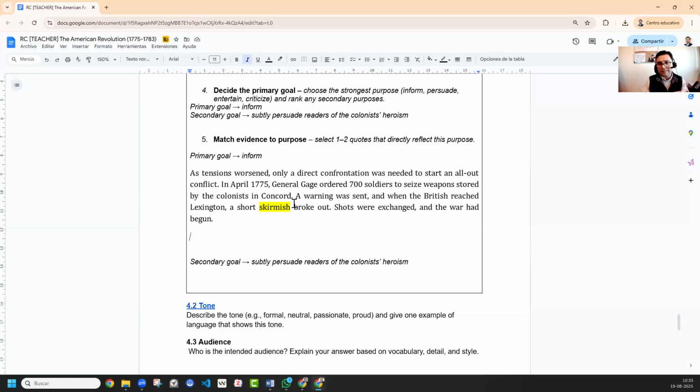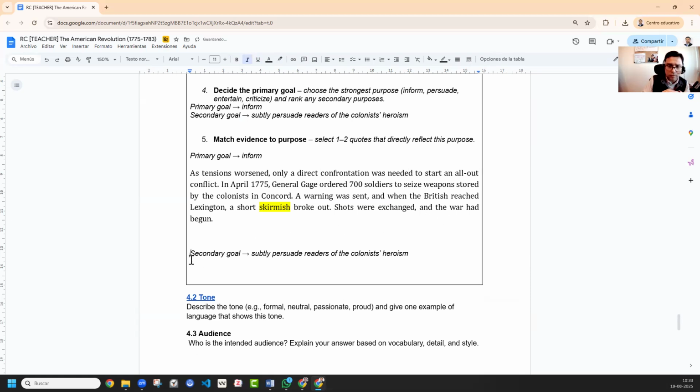So again, that's a historical fact with a date, a protagonist, the number of soldiers, the action, a place. So all of that took place. It's an objective fact. A warning was sent, and when the British reached Lexington, a short skirmish broke out. That's also true. Shots were exchanged, and the war had begun.